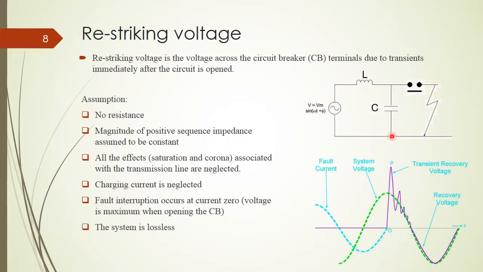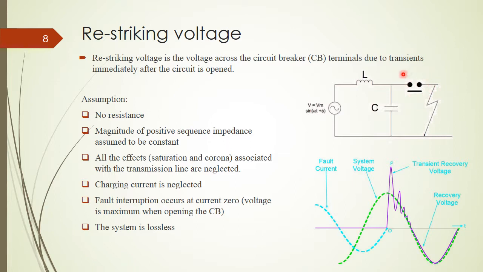This capacitor is short circuited. So the fault current will be sinusoidal like this, and the system voltage that appears here at the sending end looks sinusoidal. Because it's inductive, the voltage leads the current, or the current lags the voltage.